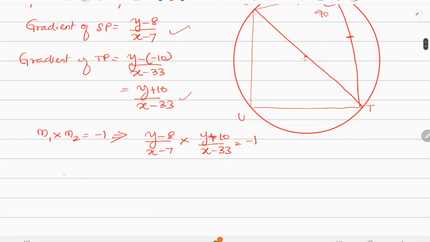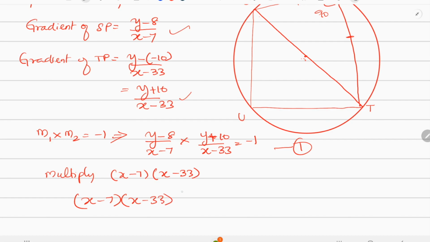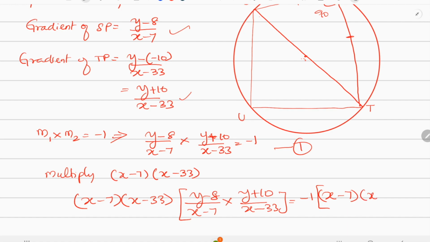We need to multiply x minus 7, x minus 33 to the above equation, say equation number 1. We get x minus 7, x minus 33 into y minus 8 divided by x minus 7 into y plus 10 divided by x minus 33 equals minus 1 times x minus 7, x minus 33.